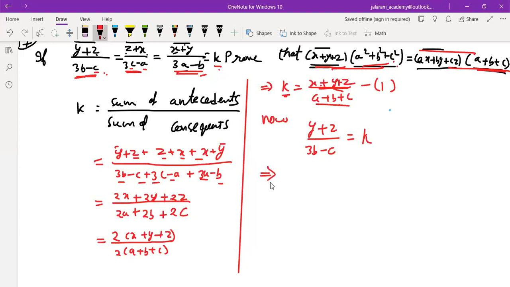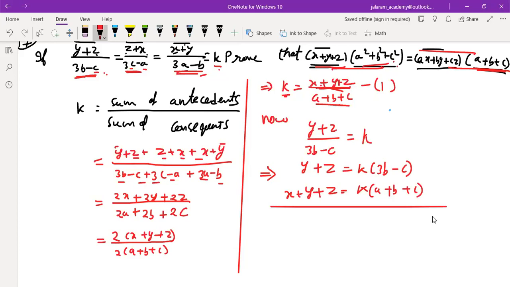It implies y plus z equals k into 3b minus c. And from equation 1, what can we get? X plus y plus z. Look at this, x plus y plus z equals k into a plus b plus c.